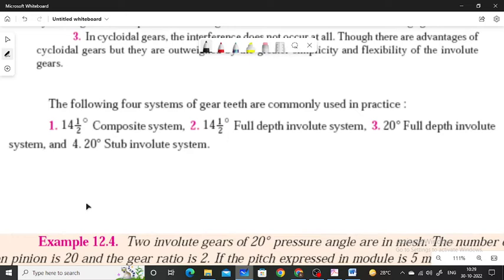First is 14.5 degree composite system. 14.5 degree is the pressure angle. Second is 14.5 degree full depth involute system. Third is 20 degree full depth involute system. And fourth system is 20 degree stub involute system.